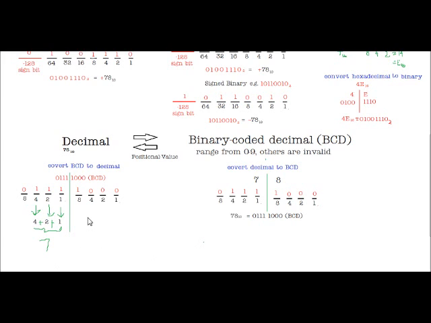And then similarly for this, we have only 1 here, the rest are zeros, so we just need to bring it down.